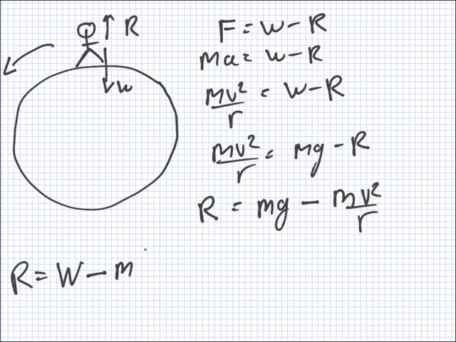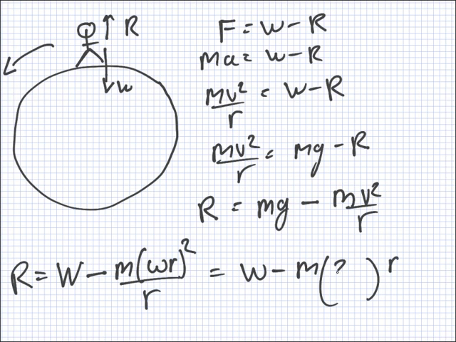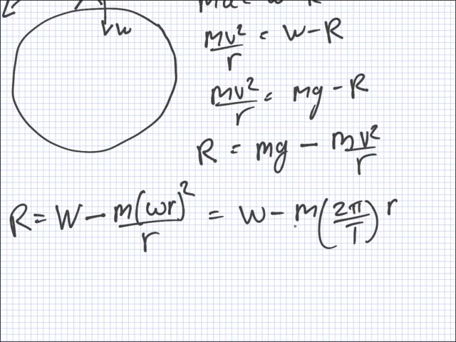The V, what did we say the V was? Omega R, isn't it? So this will be W minus m, that's omega squared R squared over R, isn't it? Yeah, so omega squared R, and omega is 2 pi over T. So will your reaction equal the weight? No, it'll be less. How much less?